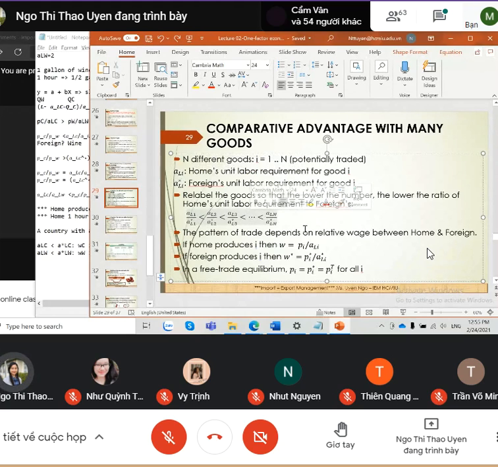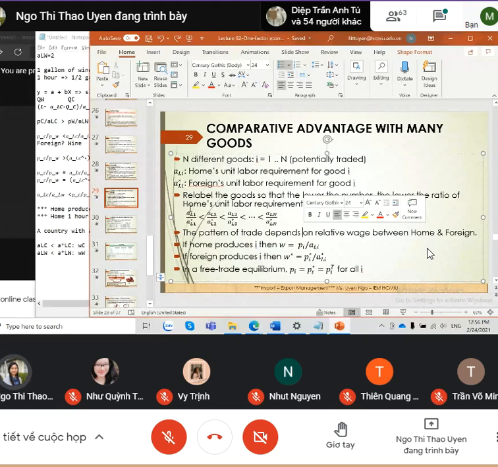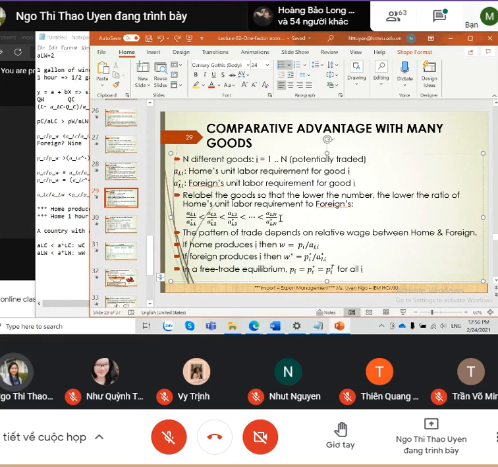To know which country produces what good, we rearrange the order of the goods from 1 to n such that the relative unit labor requirement of that good of home compared to foreign is increasing, ascending, one by one until n.